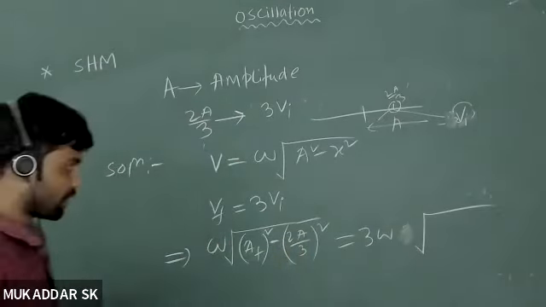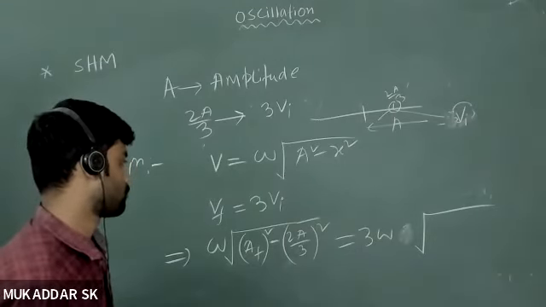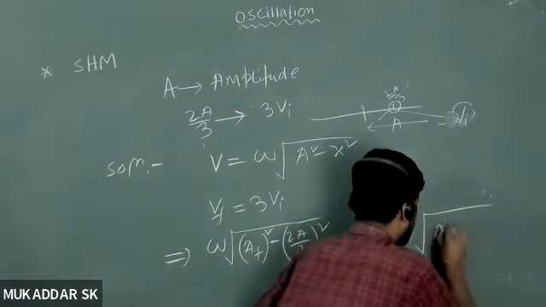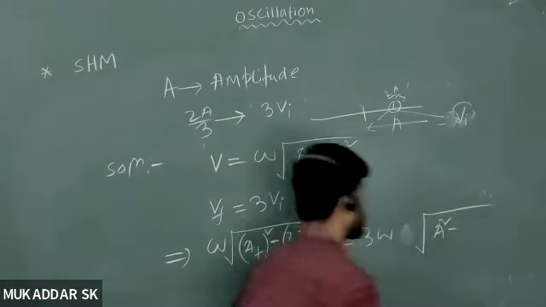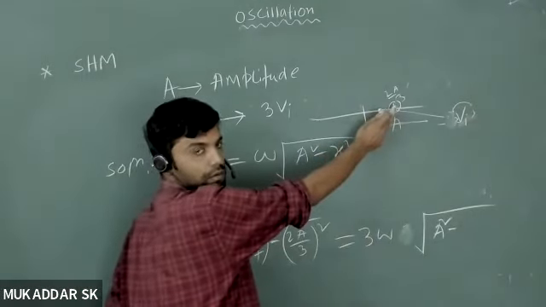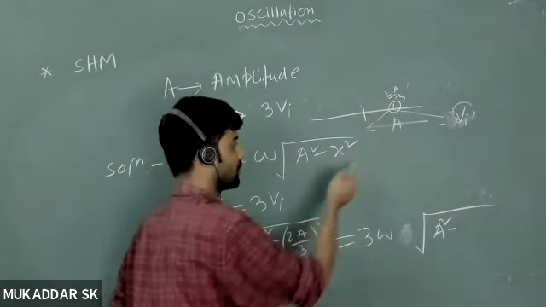Now what will be inside that square root? Anyone? A square minus x square, where x is 2a by 3, because initially at this position your velocity was vi, right?